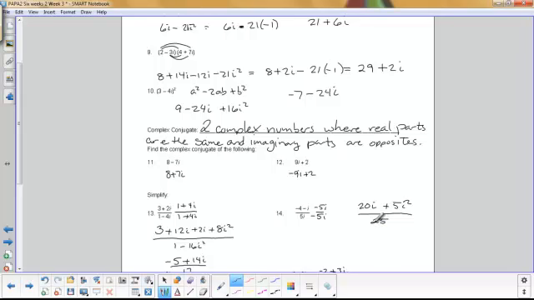Reducing with the greatest common factor, you're going to get 4i minus 1 divided by 5. And there's your final answer. Rewriting with your real parts first, you're going to get -1 plus 4i divided by 5.